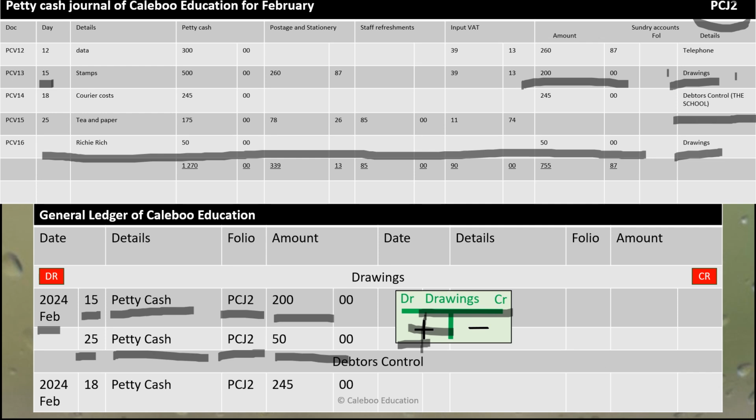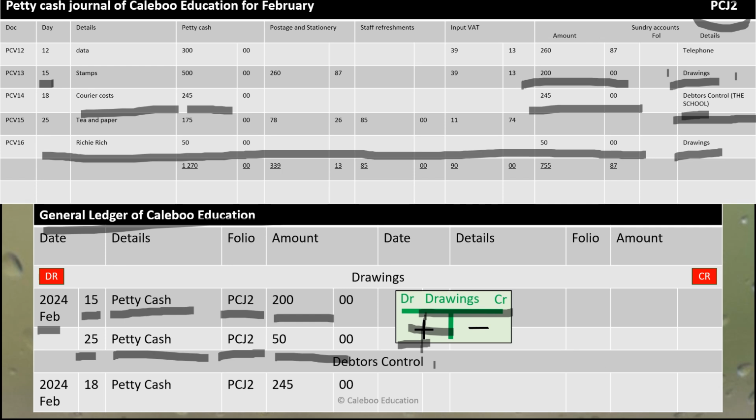The next account I'm going to do is debtors control. Remember when we couriered stock to the school, we charged the courier cost to the school's account. Now we're in the general ledger, so we're looking at debtors control. Debtors control is a summary of the individual debtors.